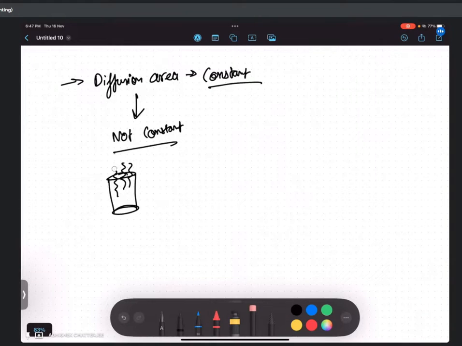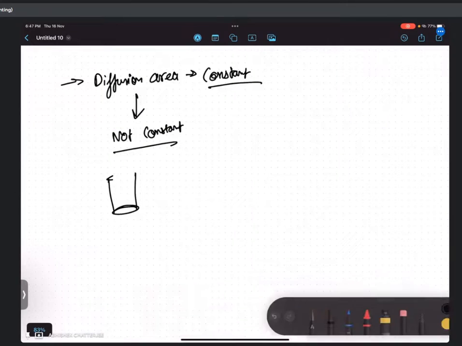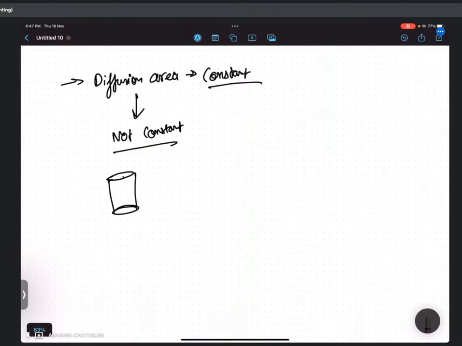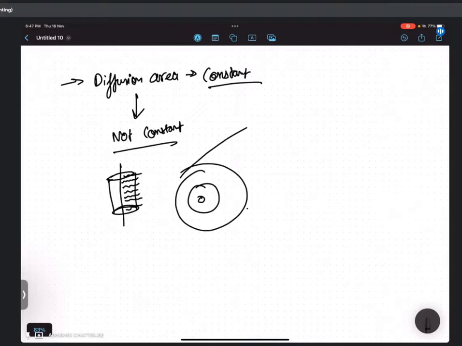However, suppose now the diffusion is happening in the longitudinal direction, or the axial direction. This is known as the longitudinal direction. Suppose this is the cross section of your cylinder.